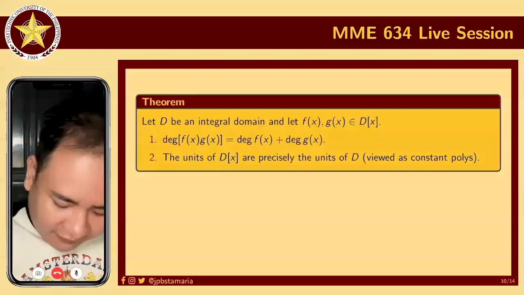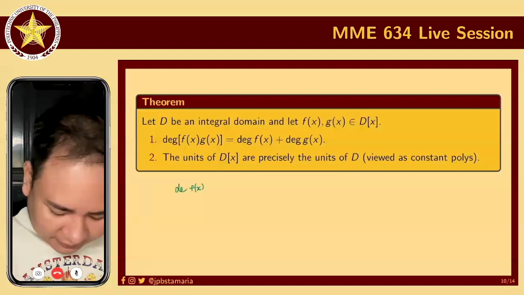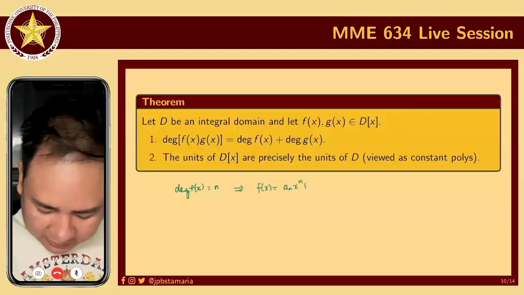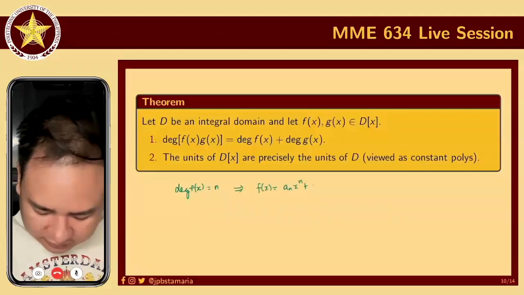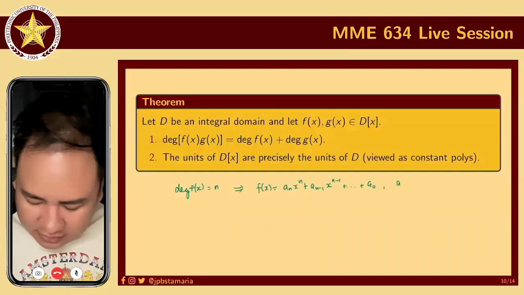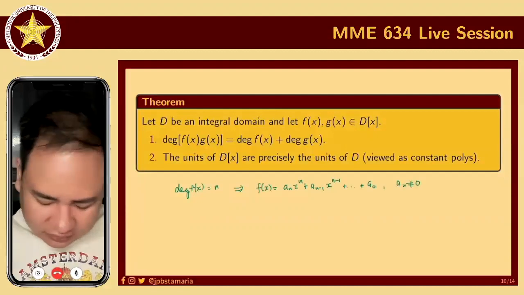Halimbawa kasi si f of x degree n. So, sabihin natin yung f of x mo ganito itsura: an x^n plus ... plus a0. Tapos yung an mo dito hindi 0 kasi yun yung degree.